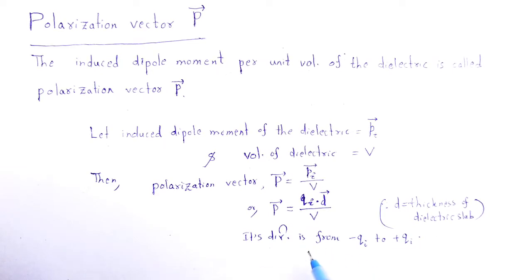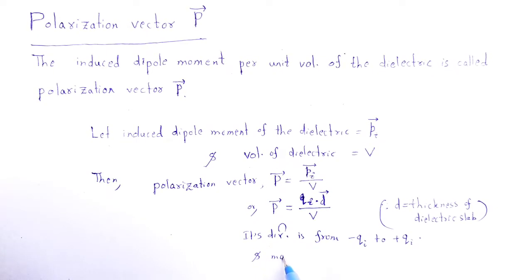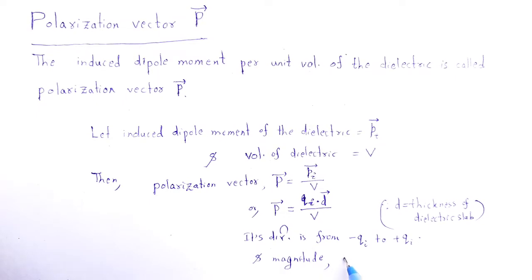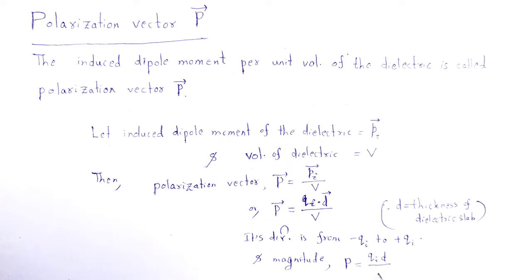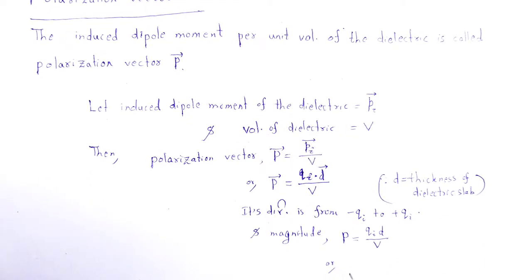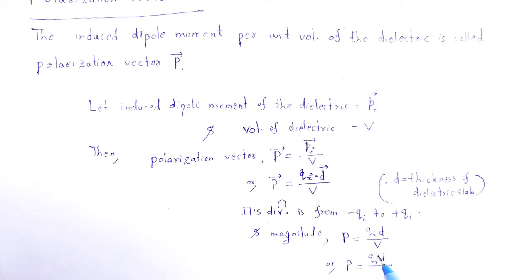And the magnitude of that polarization vector P is equal to Qi d divided by V, or P is equal to Qi d divided by volume.